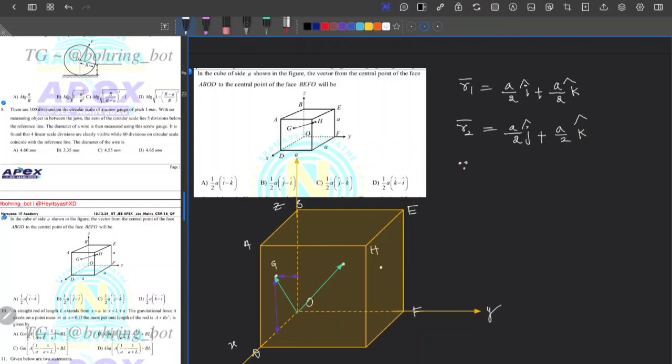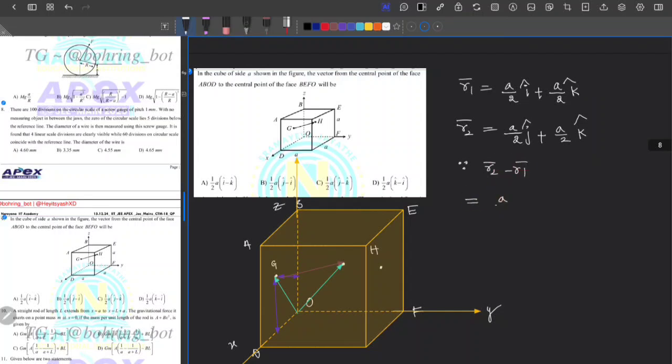Therefore if you want to find a position vector from here to there, you need to find this vector. That can be written as R2 bar minus R1 bar. So what is R2 bar here?